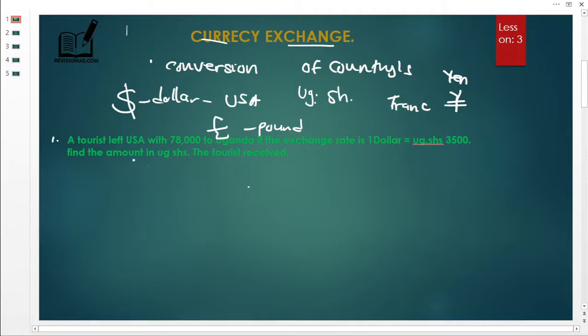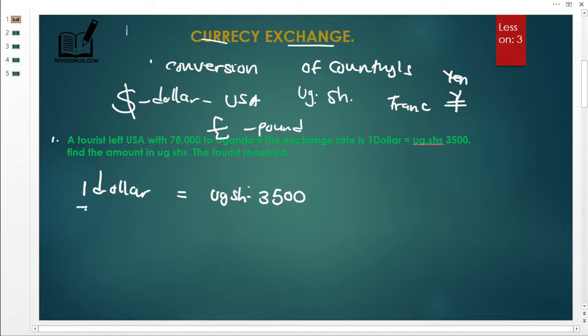On the market, they are telling us that $1, just one USA dollar, you get 3,500 Uganda shillings. Then if a tourist left the USA with $78,000 to Uganda, how much did the tourist receive on reaching Uganda?